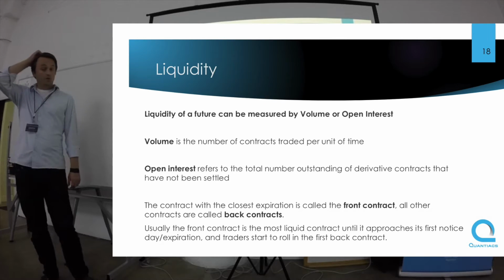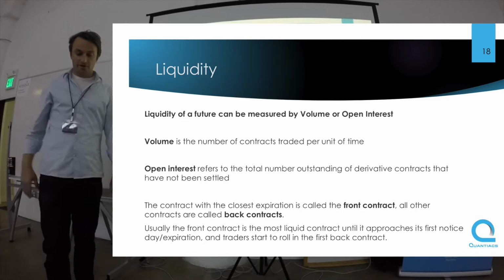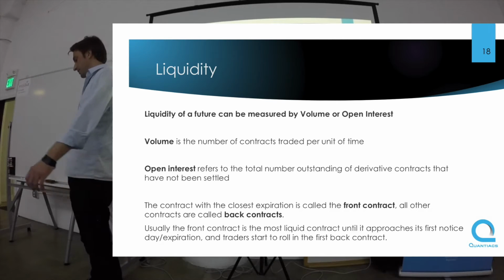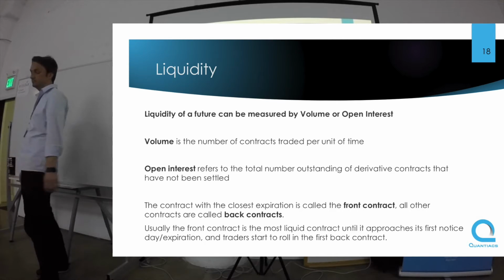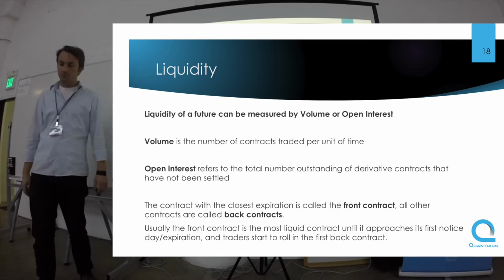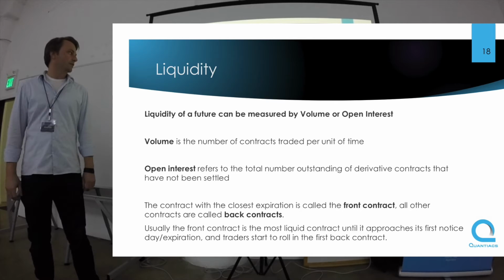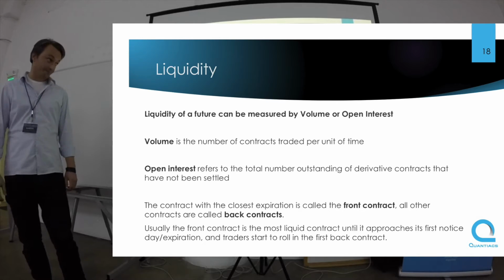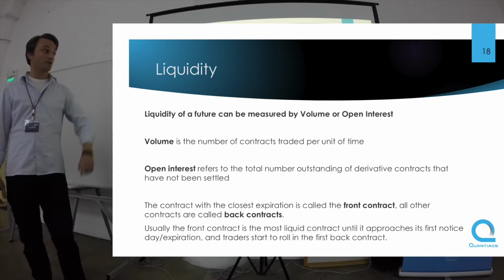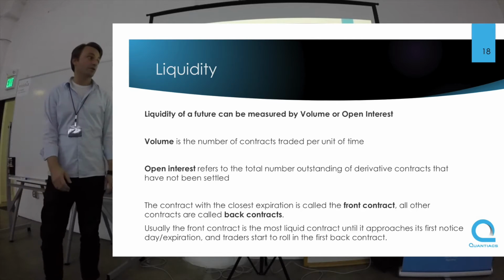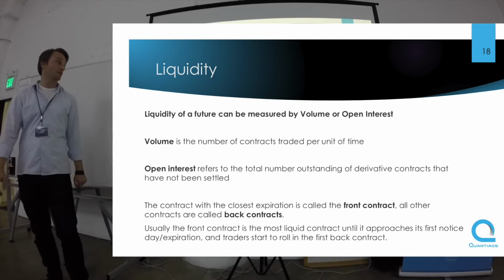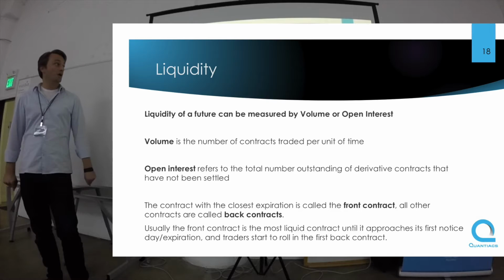We always want to have our exposure in the contract with the highest open interest, because this is usually the most liquid one. So that's how we measure liquidity. Usually it's the front contract, but there are cases where not the front contract, but one of the back contracts is the most liquid one.